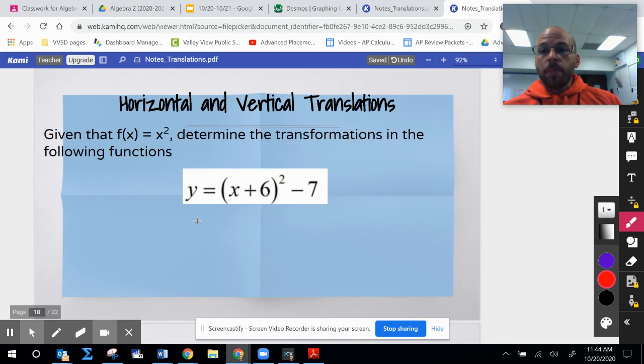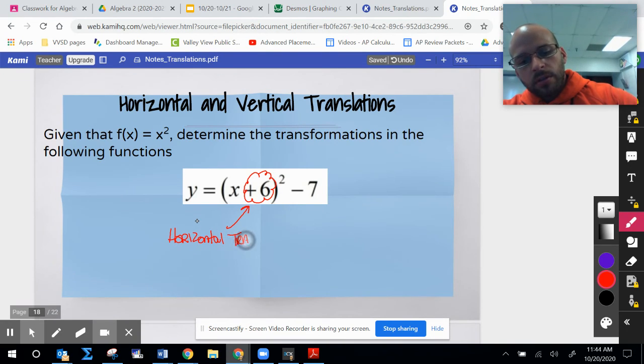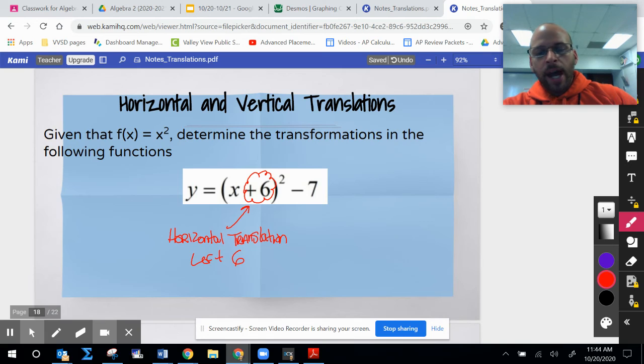Okay, so let's try to piece together some ideas. So again, I want you to recall, if I add to the inside, this is a horizontal translation left 6, because remember, we do the opposite.